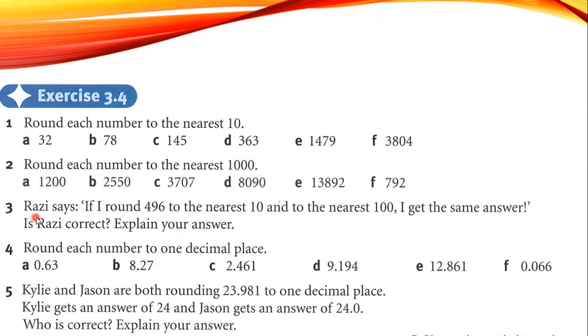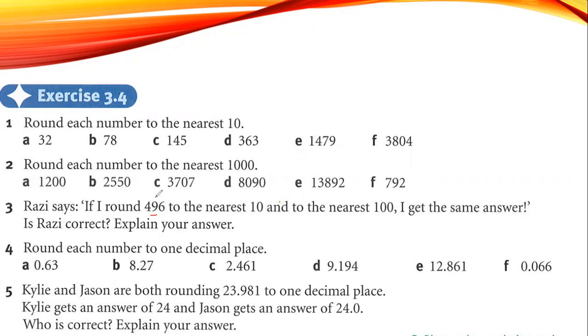Now, question 3 is, I think, interesting. Razi says if you round 496 to the nearest 10 and to the nearest 100, I will get the same answer. Let's see what its answer is. Here he says 10, so we see this number. This one is before this number, that is 6.